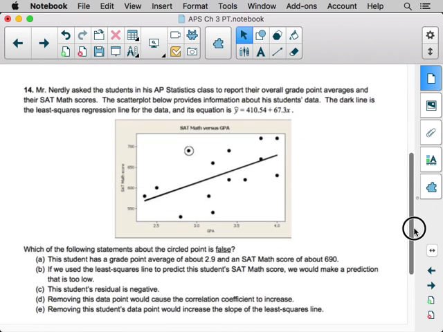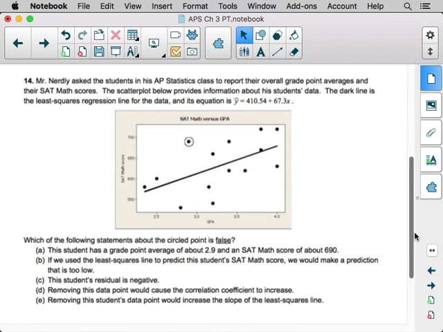All right. Mr. Nerdly asked the students of his AP Statistics class to report their overall grade point averages and their SAT math scores. The scatter plot below provides information about the student's data. The dark line is the least squares regression line for the data, and the equation is y hat equals 410.54 plus 67.3x.